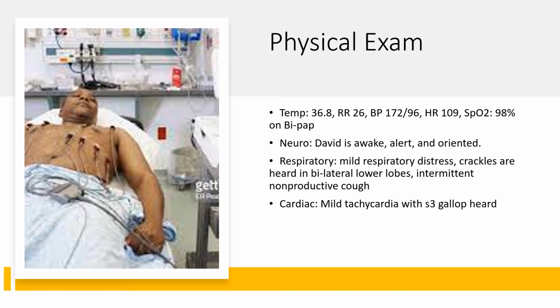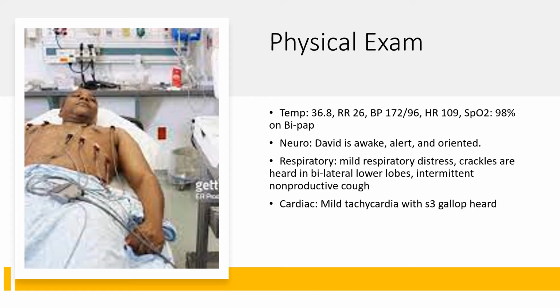His blood pressure is still elevated at 172 over 96, but there will be medicine orders placed for that. His heart rate is 109, so he is a little tachycardic. He has noted PVCs, but he is in a normal rhythm, which is important because he does have a history of AFib.